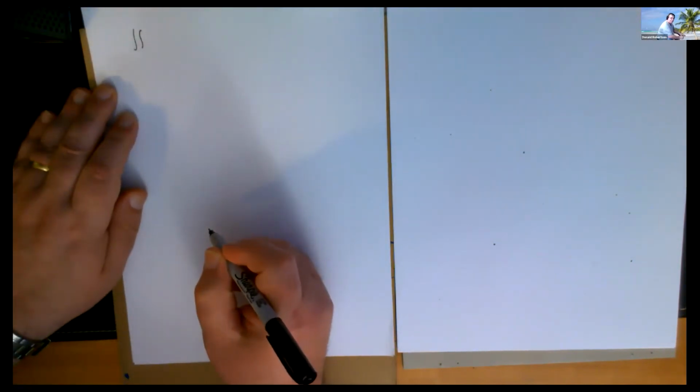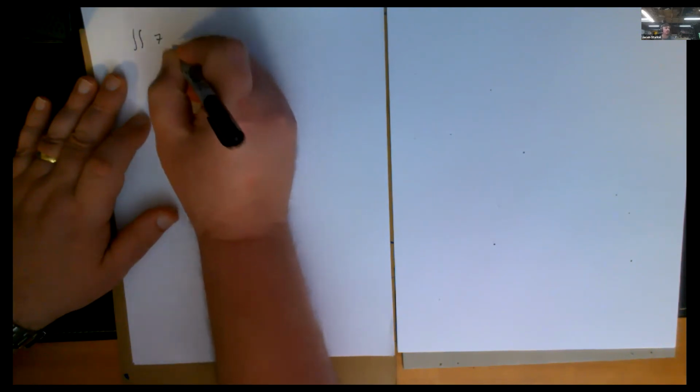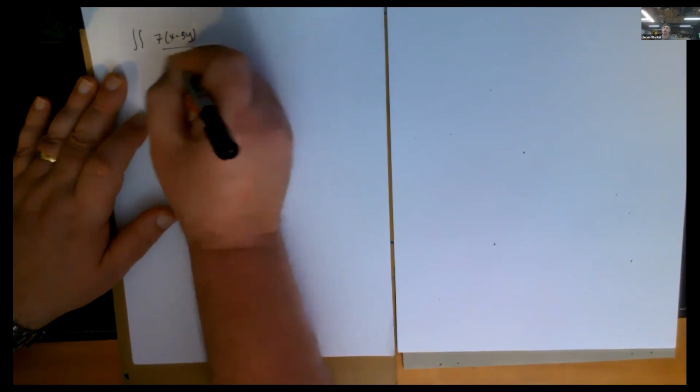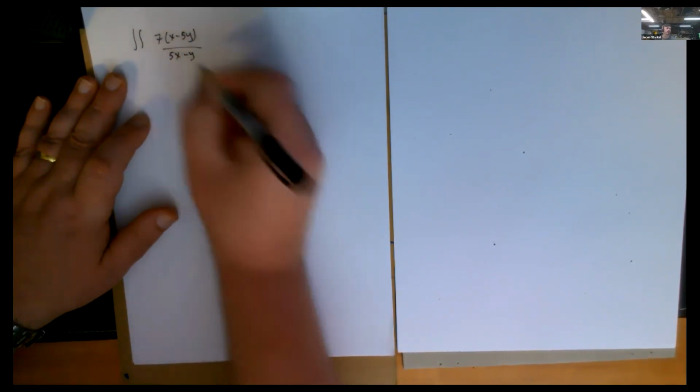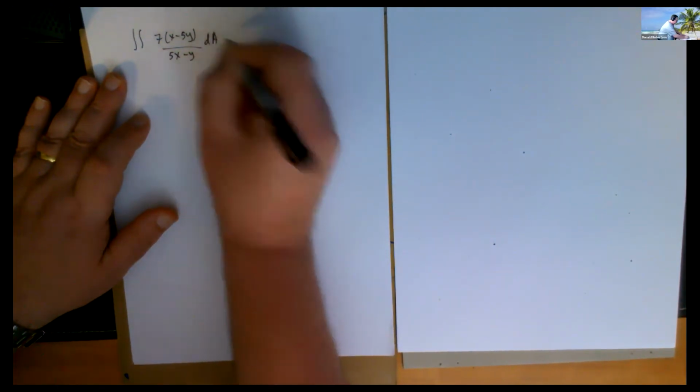Right, here we go. So it's a double integral of 7 times (x minus 5y) over (5x minus y) dA.